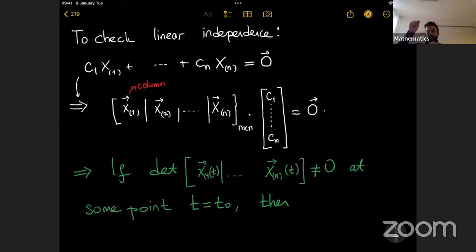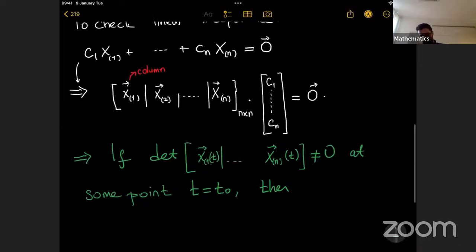Then this vector c1 up to cn must be 0, right? If the left-hand side matrix has an inverse, then you cancel out this matrix with the inverse, and you end up with c1 equals c2 equals cn equals 0, right?